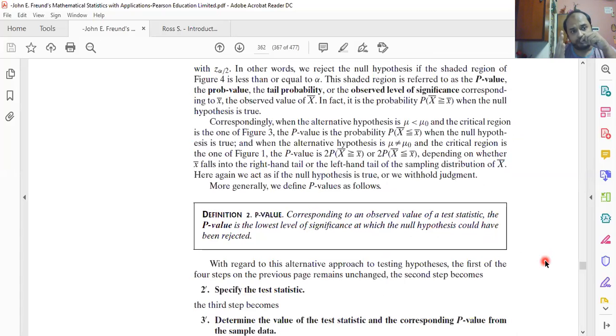If we consider the level of significance lesser than the p-value, your null hypothesis will not be rejected. But if we consider the level of significance greater than that p-value, your null hypothesis will be rejected. I'm again saying, p-value is a kind of level of significance.